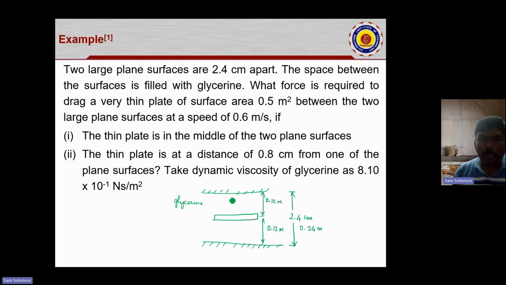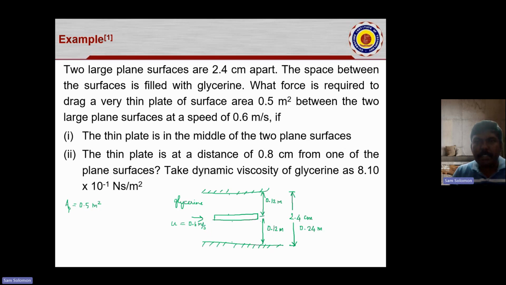So it's simply 0.12 from the top plate to the top surface of the plate, and from the bottom surface of the plate to the bottom plate, it's going to be 0.12 meters. And the area of the plate is given as 0.5 meters squared. And this particular plate is dragged with a velocity of 0.6 meter per second.